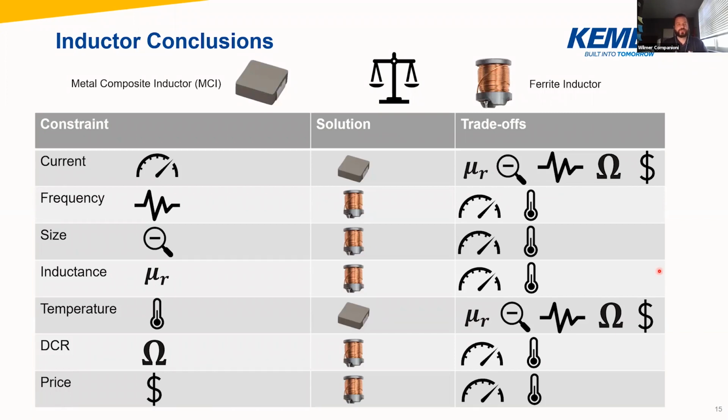That would drive your decision toward a metal composite option, but you have to keep in mind that you're sacrificing things like total inductance, the size, the frequency, the DC resistance, and perhaps somewhat importantly, also the price. Just taking a quick glance at all the different prices of all these different options, generally, not always, but generally the ferrite types tend to be a little bit on the less expensive side than the metal composite counterparts.